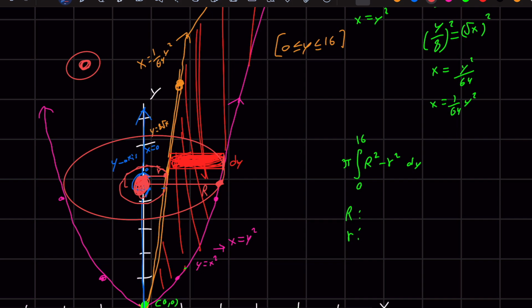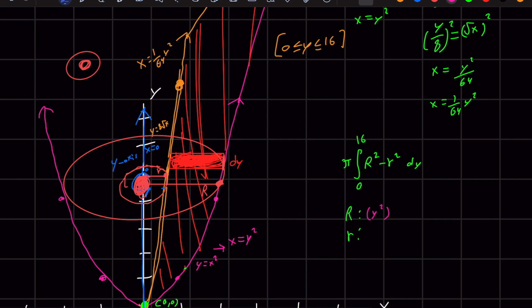And again, we're going to go right minus left. So the good thing is that our y-axis is centered at the middle, right? So it's not at x equals 1 or x equals 2. It's just going to be right minus left. So it's going to be this function minus 0, and then this function minus 0. So this pink function we have is y squared. So that's going to be our big R. So we're going to have y squared.